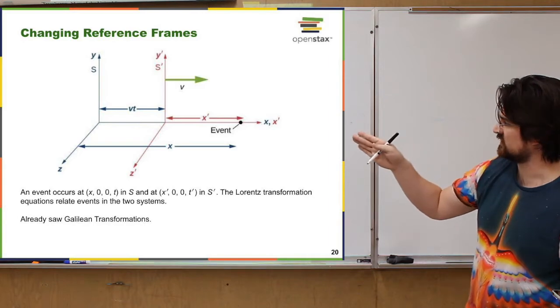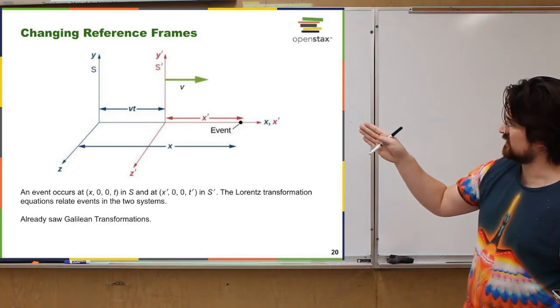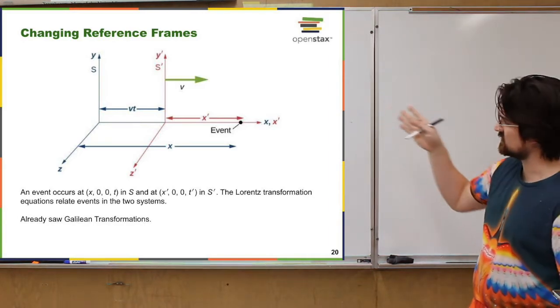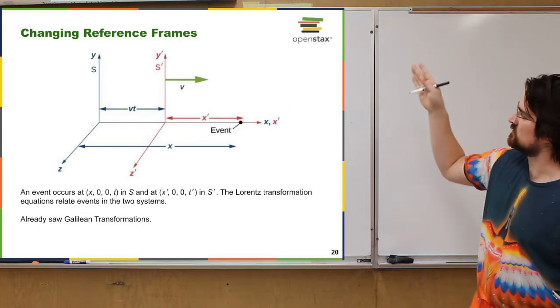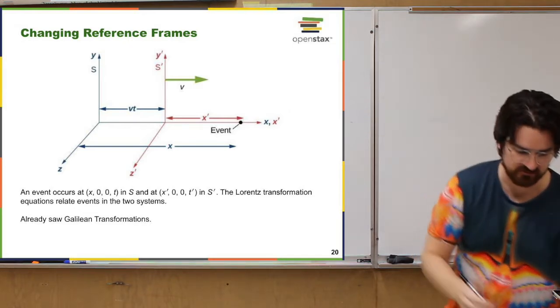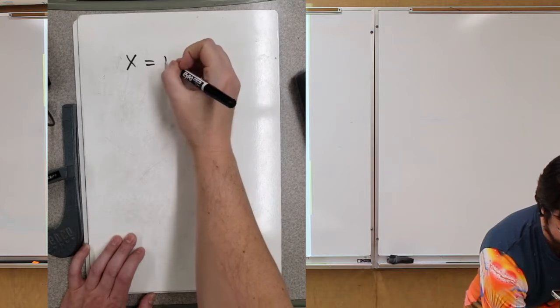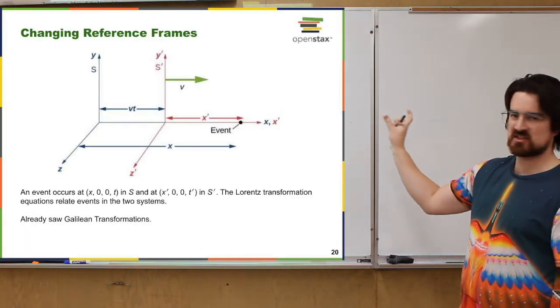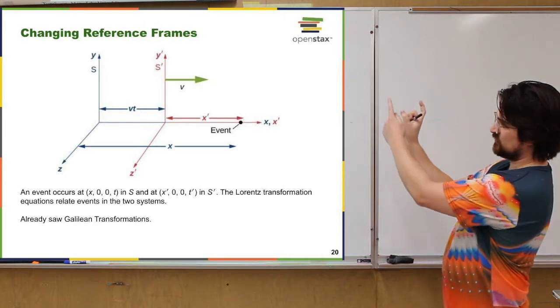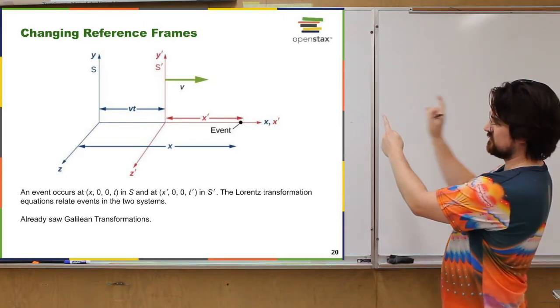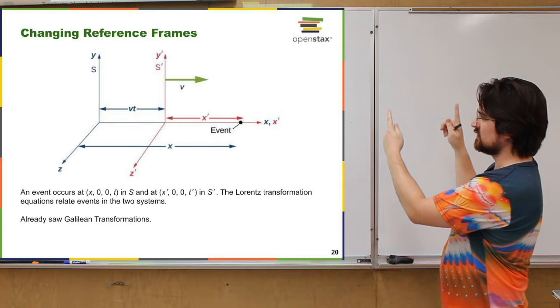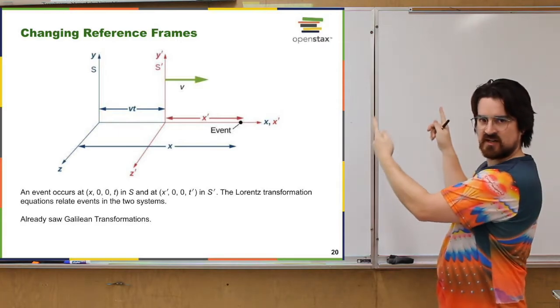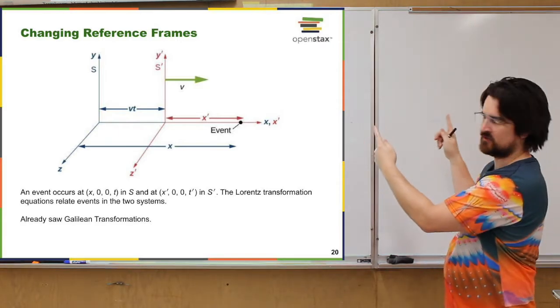We could also say it is that distance vt, the velocity and the time elapsed for the second moving frame. It's that vt distance, plus the distance from the origin of this second reference frame to the event. Right? In the prime reference frame, that's just x prime.